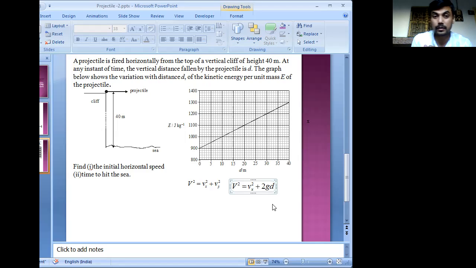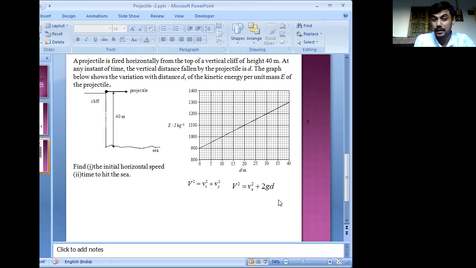Mind you, over here the object was fired horizontally, which means the vertical velocity was 0 initially, which is why along the vertical direction the initial velocity is 0. Now from here we get this expression. I hope this is fine.